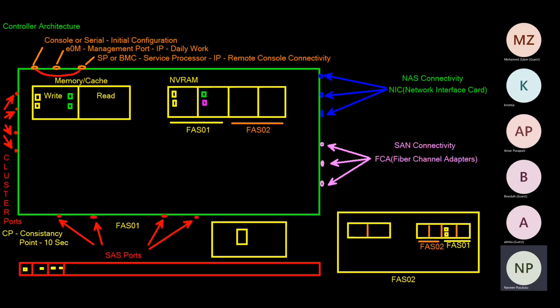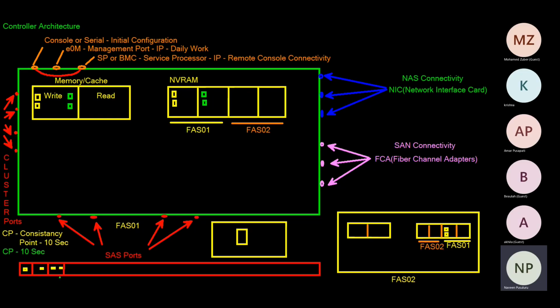This will continuously happen until the next 10 seconds. Once the 10 second period is completed, it will trigger a CP again. Meanwhile, my memory is already working with the first part of the NVRAM to commit the data to the disks. Once they are committed, memory and NVRAM flush the data in them.